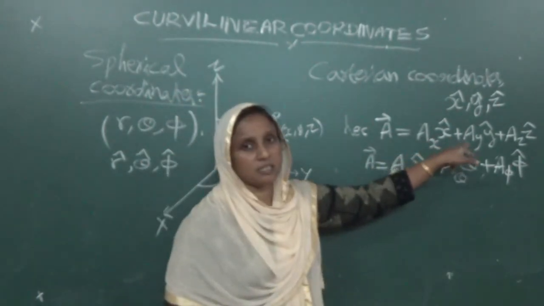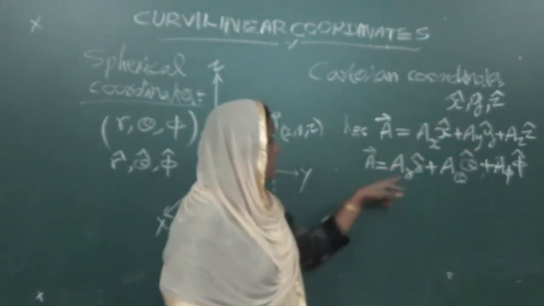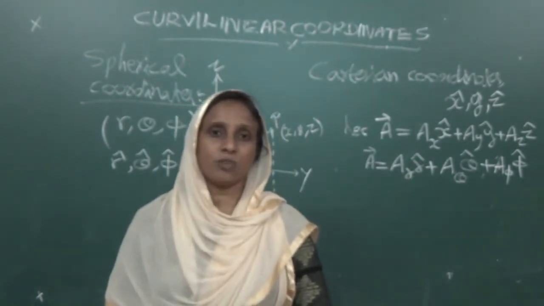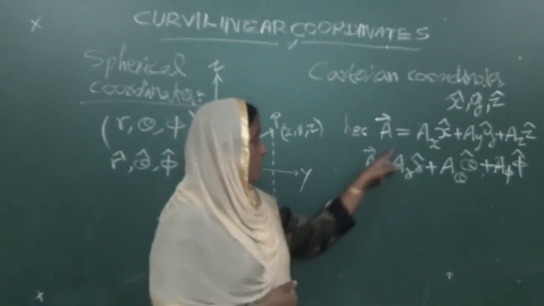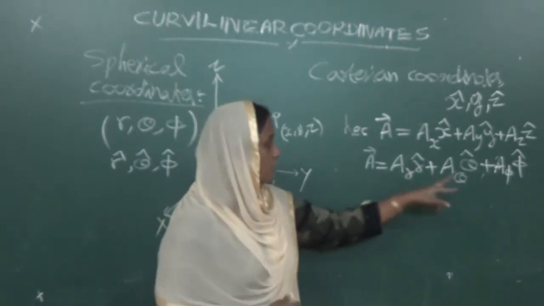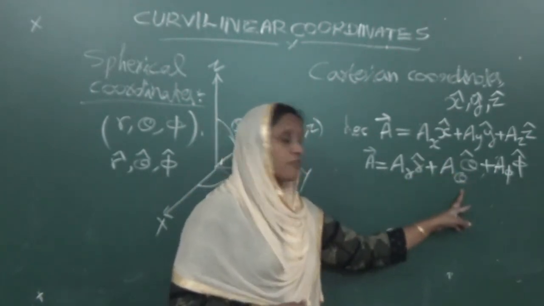This representation is in Cartesian coordinate system. This one is in spherical coordinate system. Okay. Here, this component A_r is called the radial component of the vector. A theta is called the polar component of the vector.